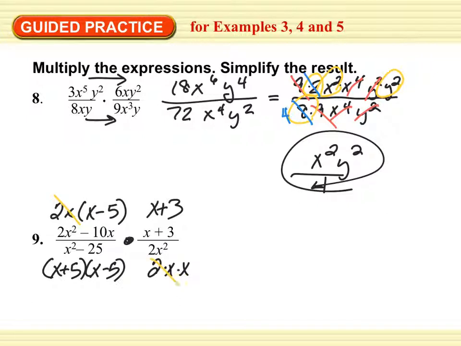Can take out the 2x, x minus 5, x minus 5. So I'm left with x plus 3 in the numerator, and x times x plus 5 in the denominator, which is cool, or you can say this.